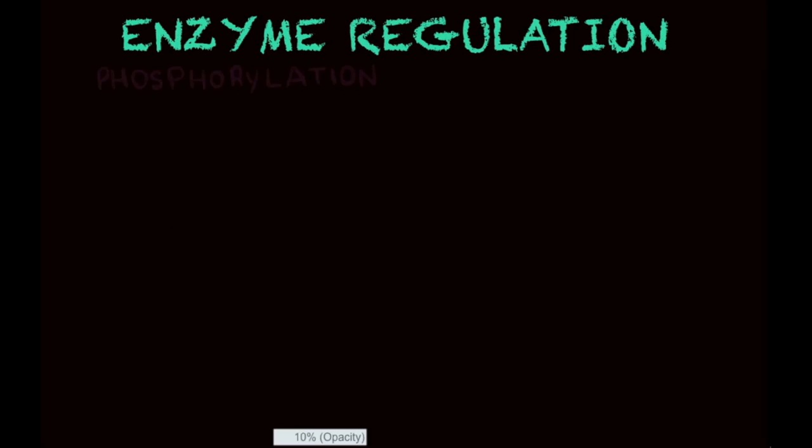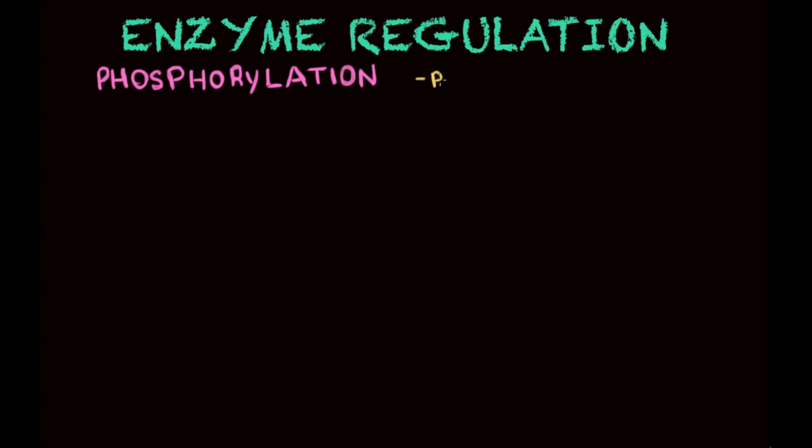Another way enzymes can be regulated is through phosphorylation. And this is done when you add a phosphate group to one or more amino acids of the enzymes, and this will either inactivate or activate the enzyme.